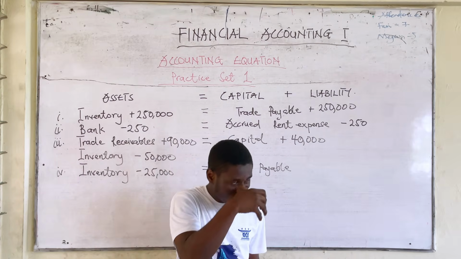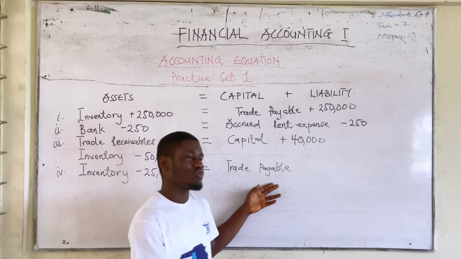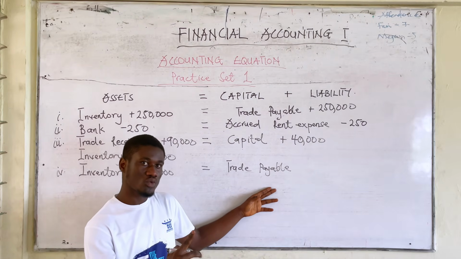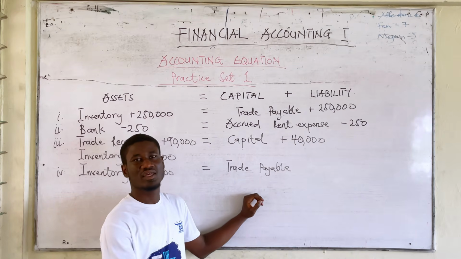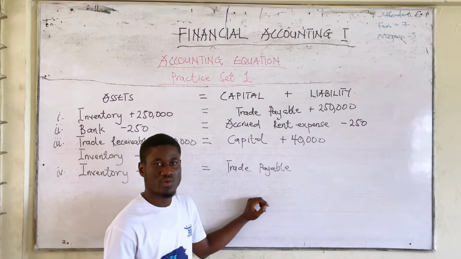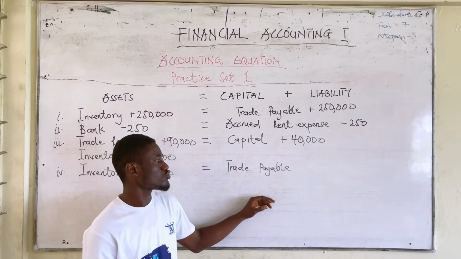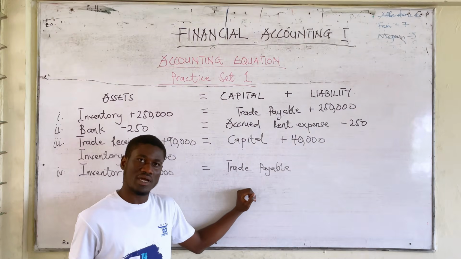So what is going to happen to our trade payable? We bought the goods from you. We didn't pay. We were owing. Then we said, maybe due to some fault in what we ordered, when it came there were some damages, so we returned it back to you. So what's going to happen to our trade payable? The amount we owe them is going to reduce, right?